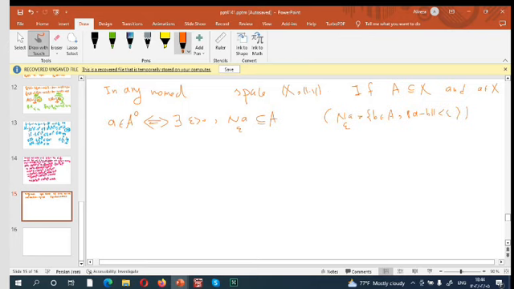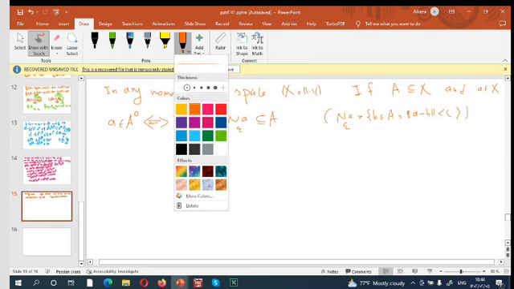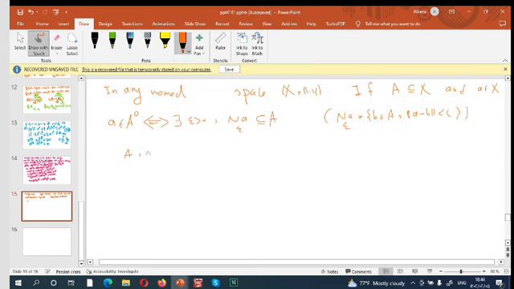And also we know that A is open if and only if A° equals A, and this holds if and only if A is a subset of A°, because we know that A° is a subset of A always.